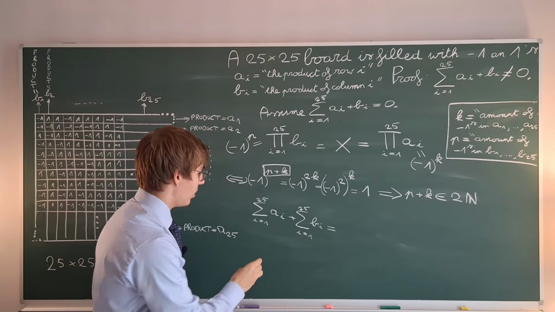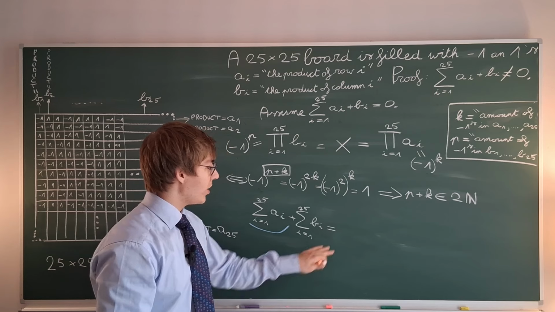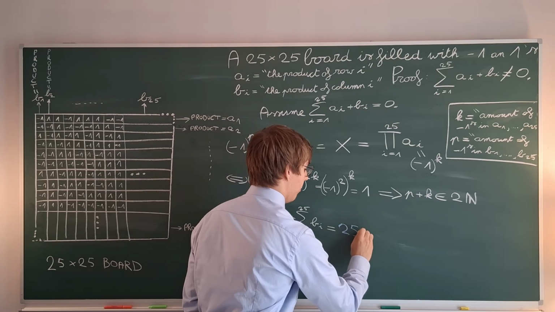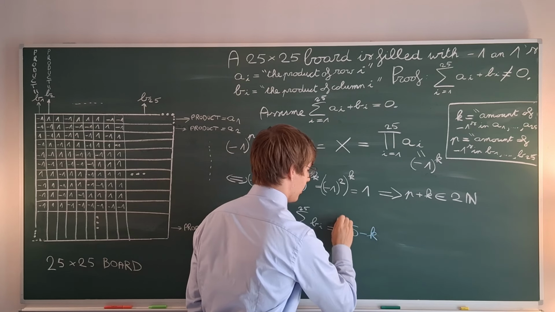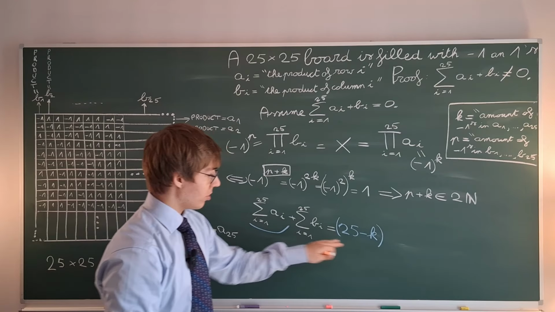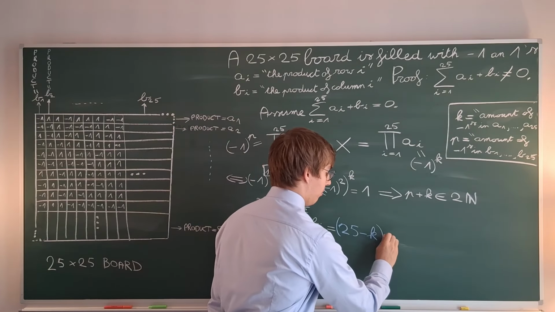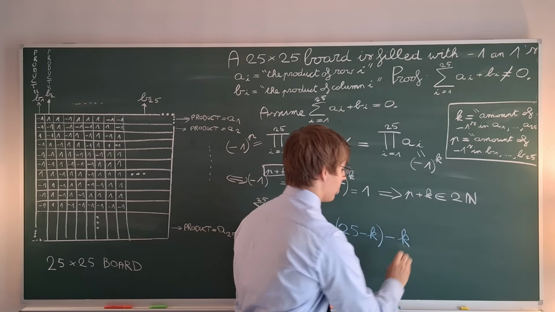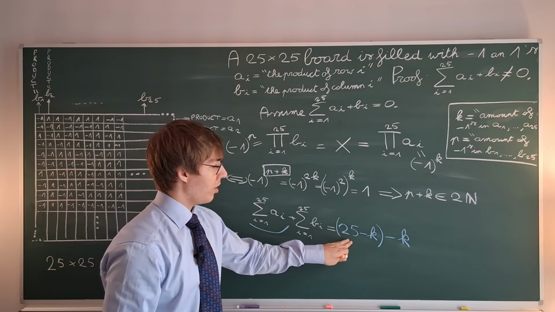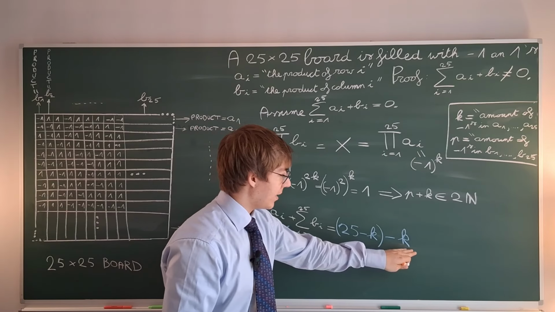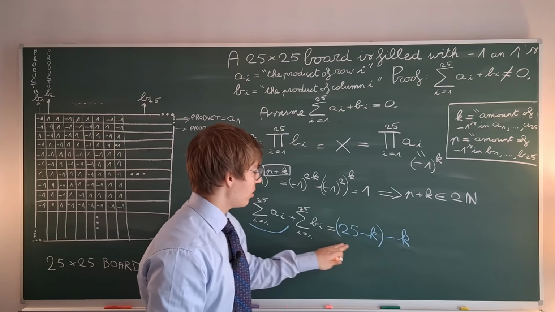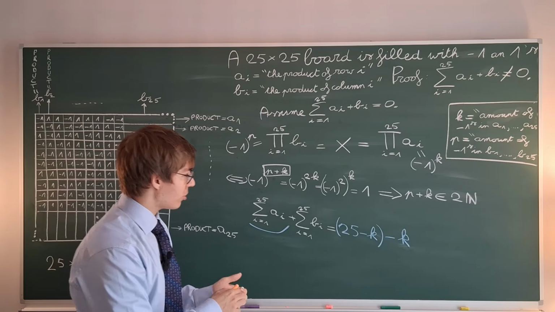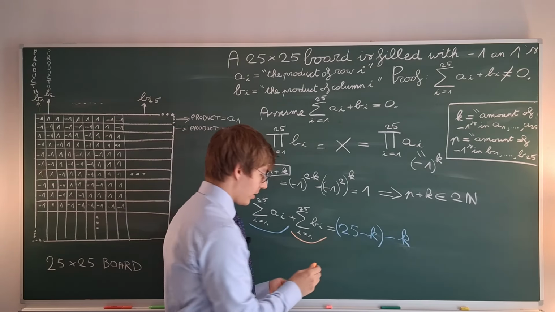But now we know that this one we can write as 25 minus K times 1, minus K times minus 1. So we have this amount of 1s and K amount of minus 1s, so this will be the sum of all the AIs. And the same is true for the BIs.